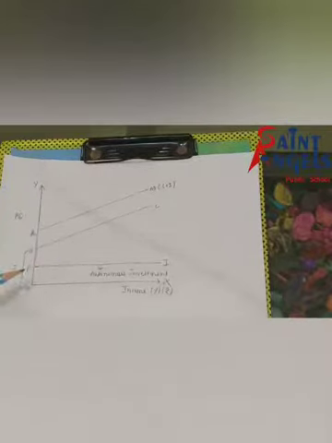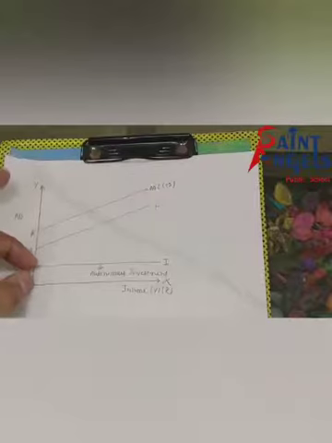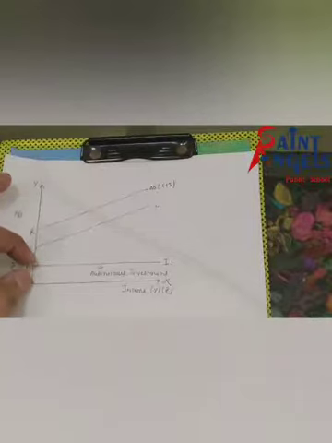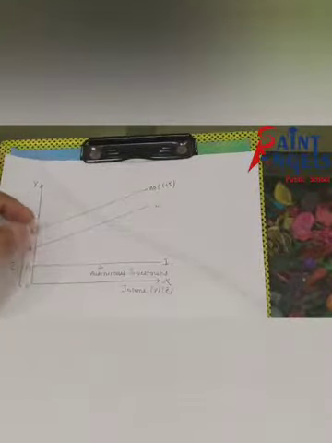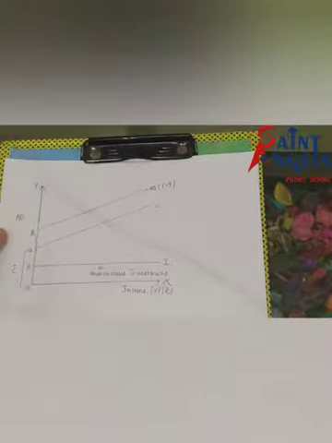Means I'm taking here the value of this gap as rupee 20, and see, this gap and this gap and this gap, all these gaps are the same, and equal to rupee 20.